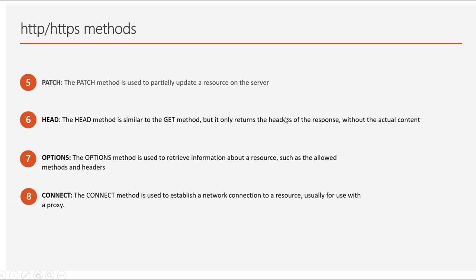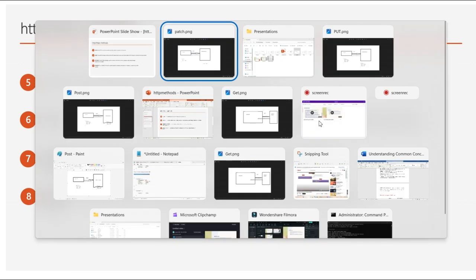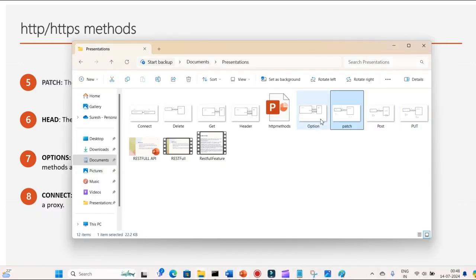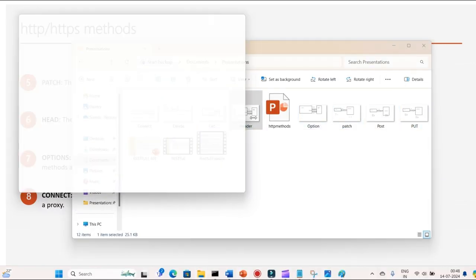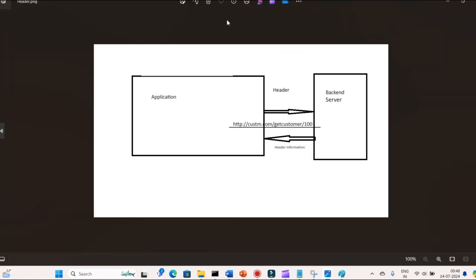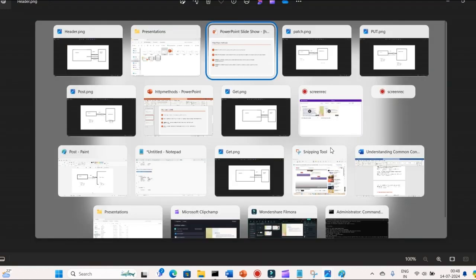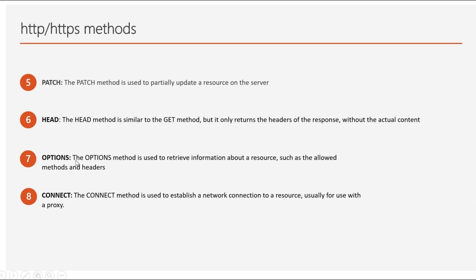It will only give the header information of the response. For example, see this picture: the application calls the HEAD method, and when it goes to the backend server, it gives the header information along. It will not give any payload back. So that's about header information.